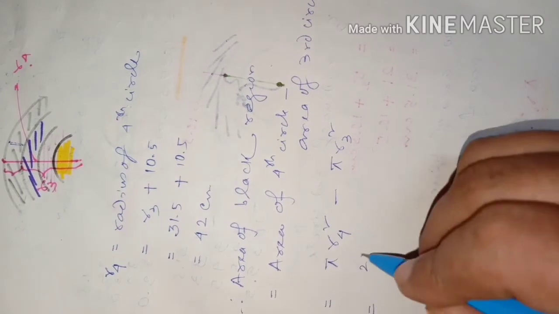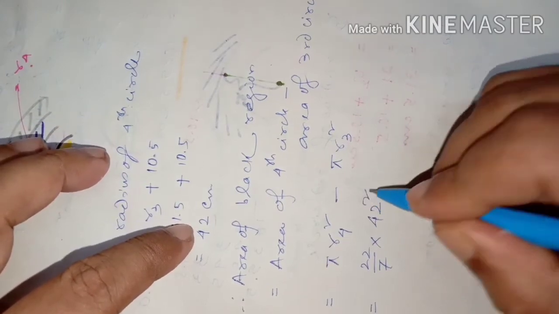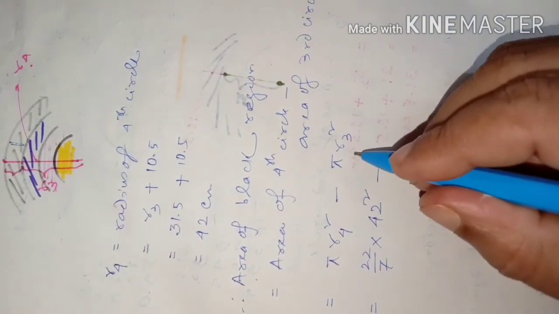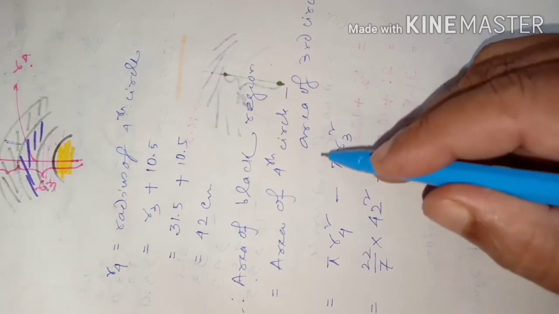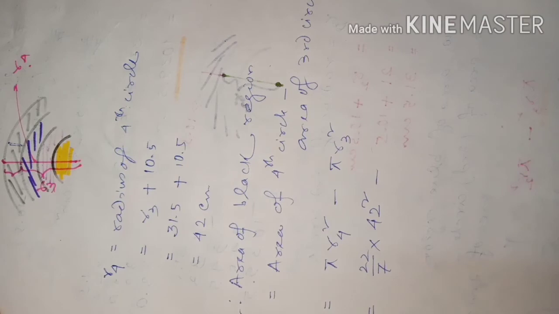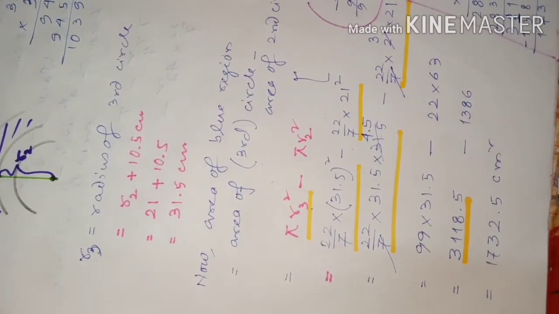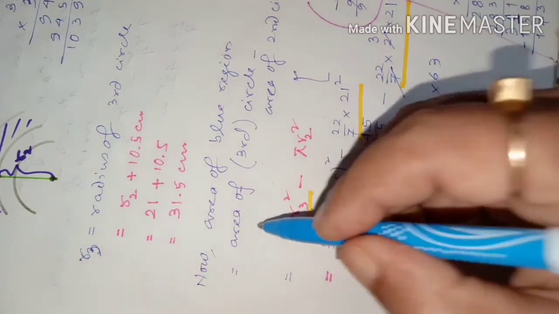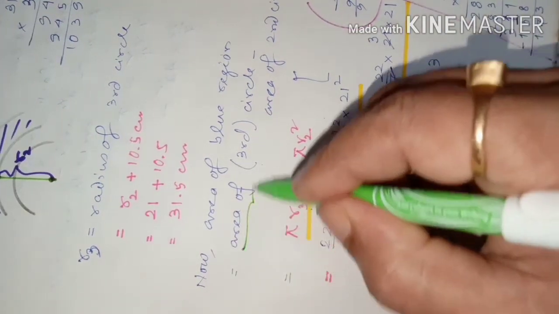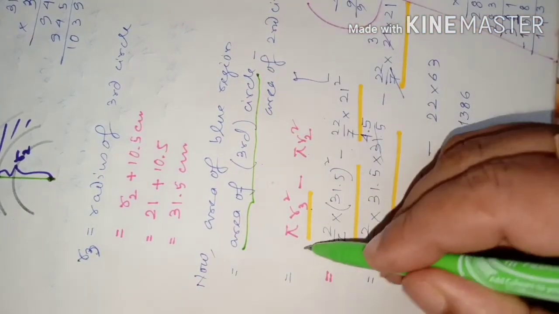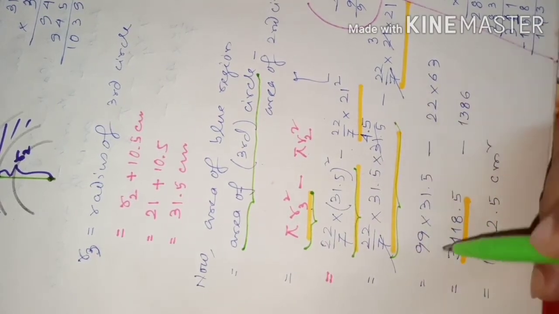Pi is 22 by 7 and r4 is 42, so you write 42 square, minus pi r3. Don't put these separate values. Directly you can bring the value of area of third circle. What is the area of third circle? Here you just see, dear students, this part was the area of third circle.